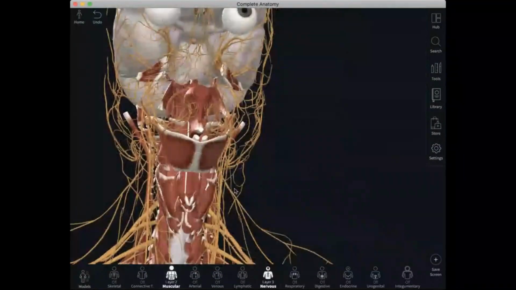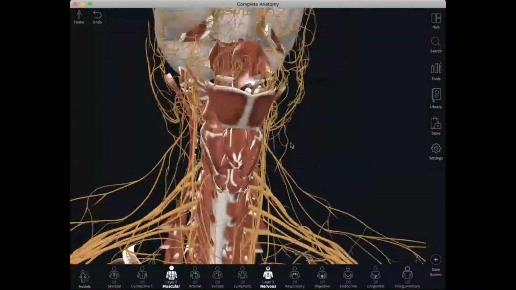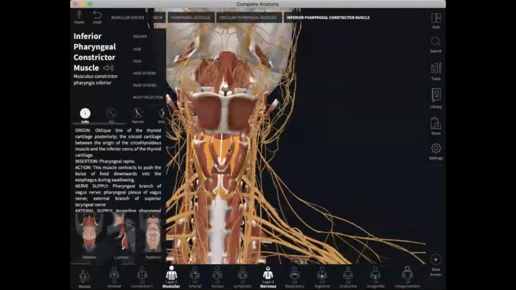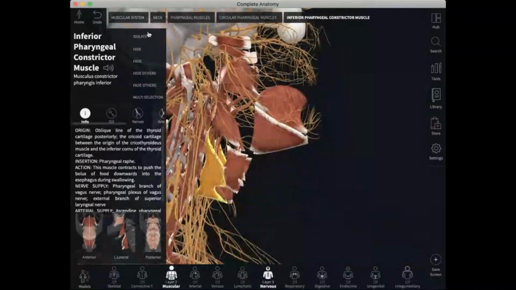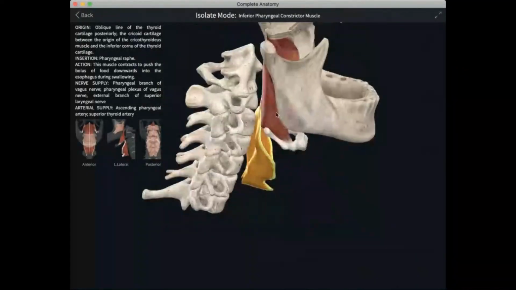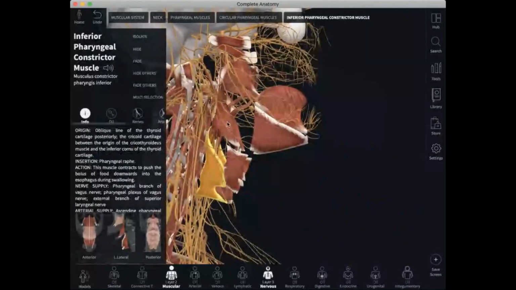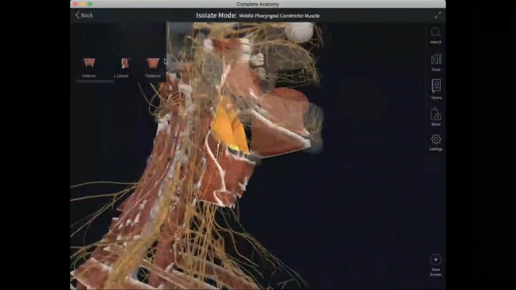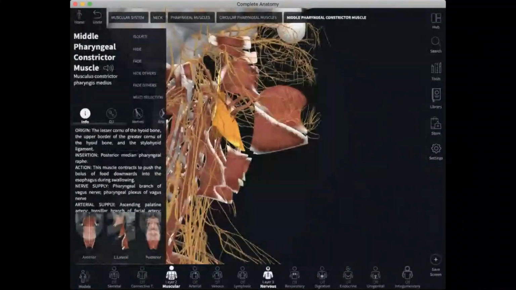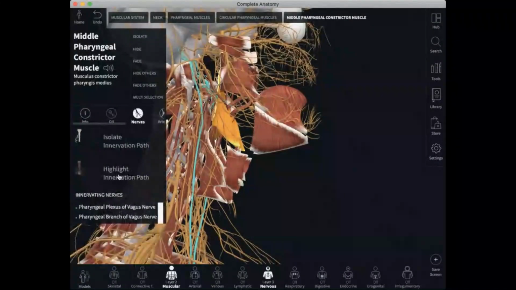These are the pharyngeal areas, and this is the inferior pharyngeal constrictor muscle, this is the middle pharyngeal constrictor muscle, and this is the superior pharyngeal constrictor muscle. These muscles are innervated by the vagus nerve branch.